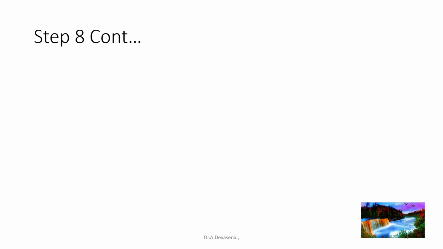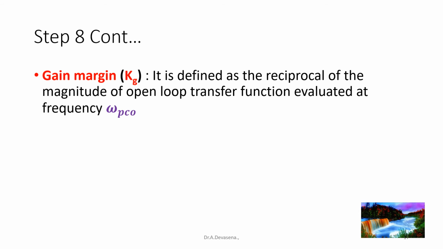Now we are going to determine gain margin as well as the phase margin. First we will discuss gain margin. Gain margin is represented by the letter K suffix G. It is defined as the reciprocal of the magnitude of the open loop transfer function evaluated at the frequency omega suffix PCO. It is represented as K suffix G is equal to 1 divided by magnitude of G of j omega suffix PCO.